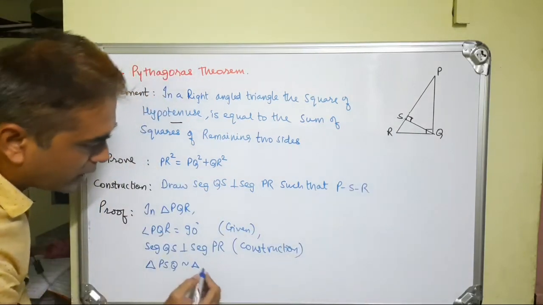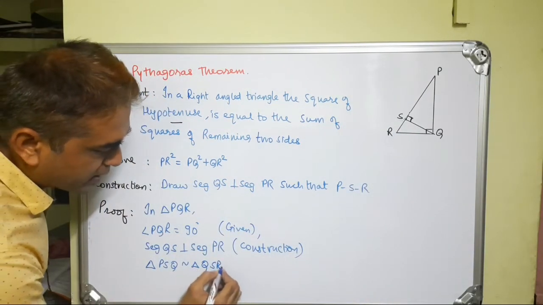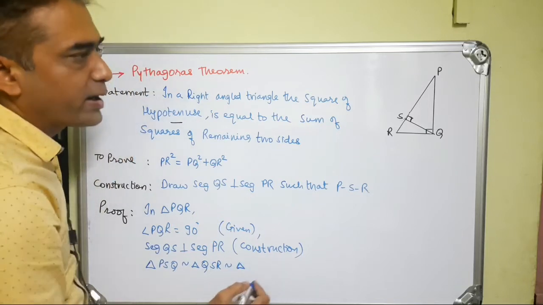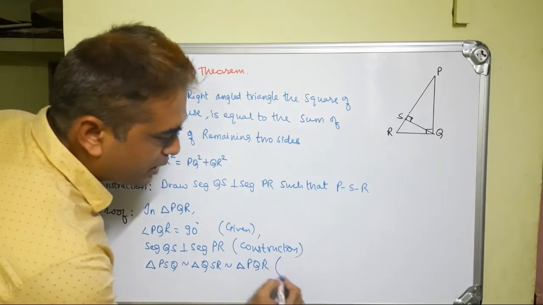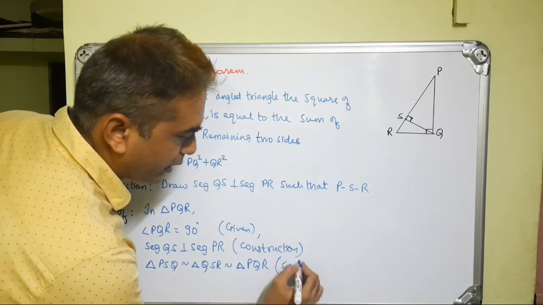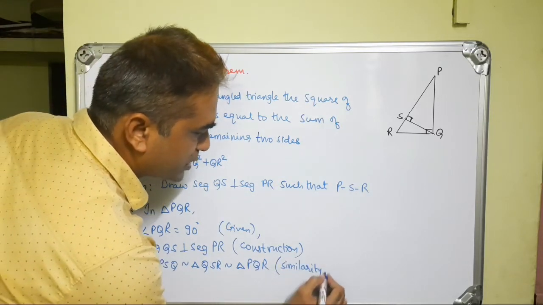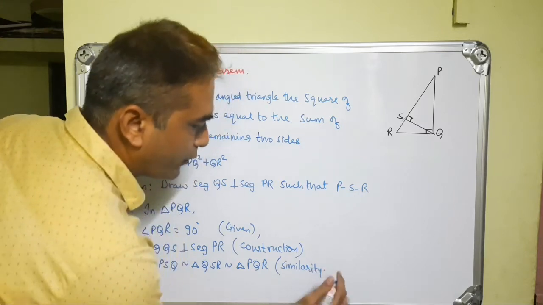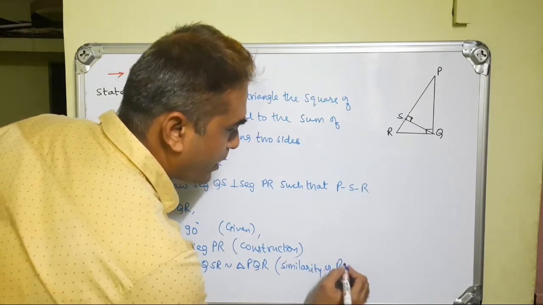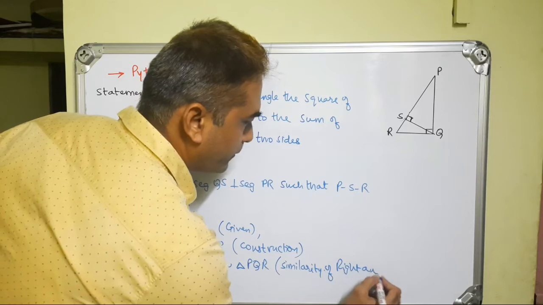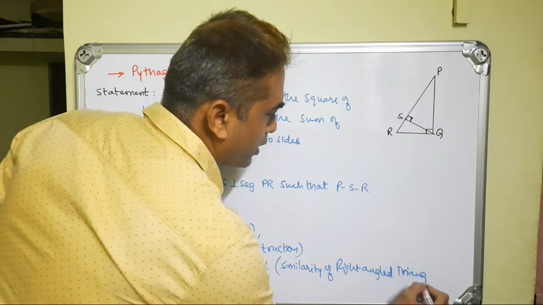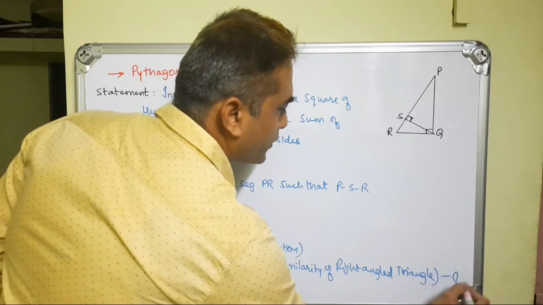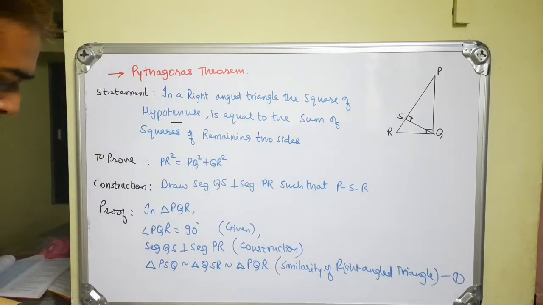Yes, QSR, triangle QSR, and that is similar to triangle PQR. This is similarity of right angled triangles. Let this be point number 1.